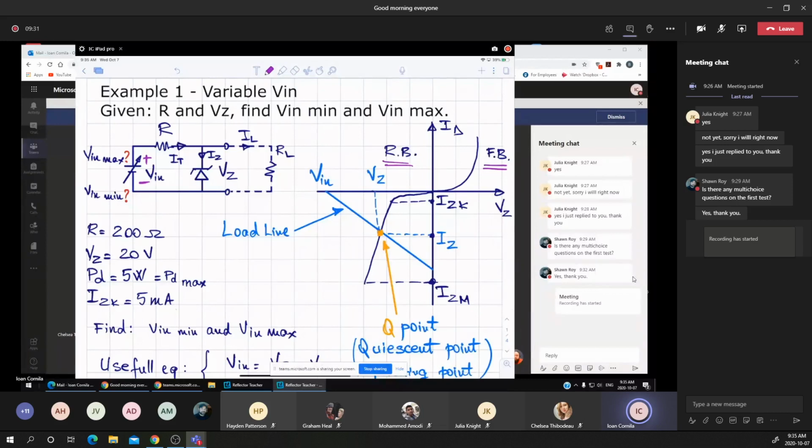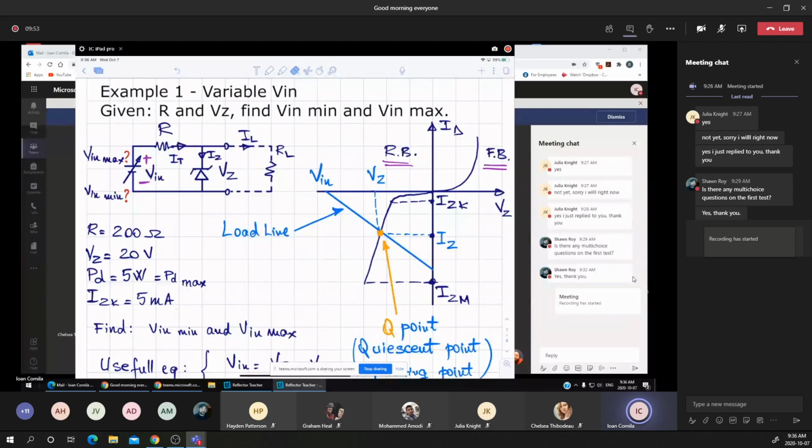I will choose the VZ of the Zener diode so that it will have a steady voltage of 10 volts in the example that I made, which will impose the two limits in terms of the current.